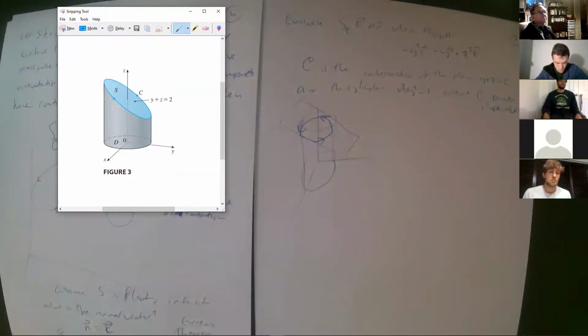I could pick the bottom part of the cylinder and make it smooth, and it has the same boundary as C. I could pick something that goes up here, or some weird stuff that comes out here and then comes back in here. I can pick lots of different surfaces that have the boundary of C. I'm going to pick the very easy one, which is this ellipse. Okay?